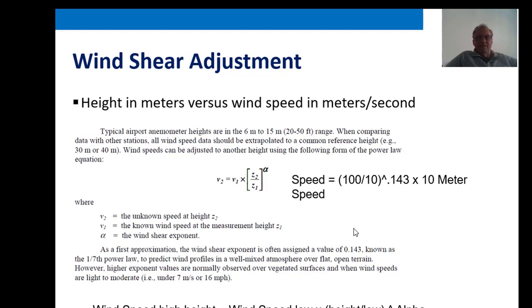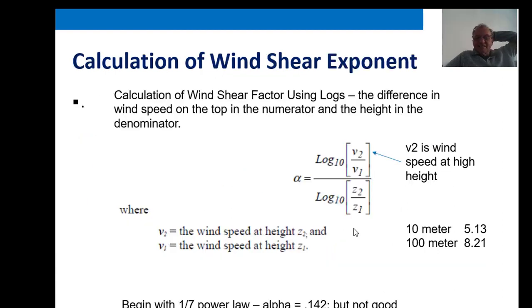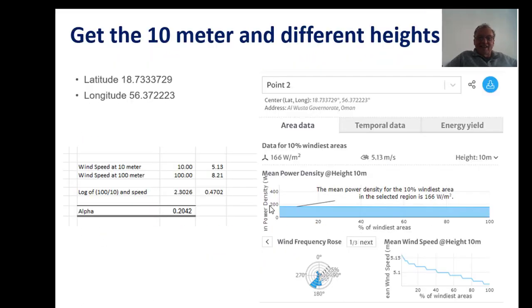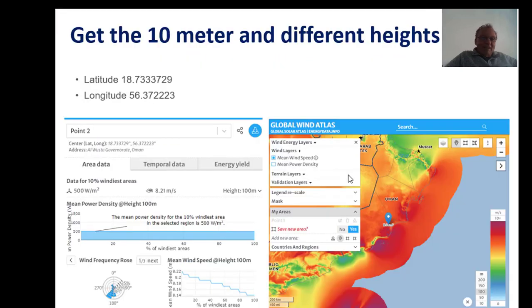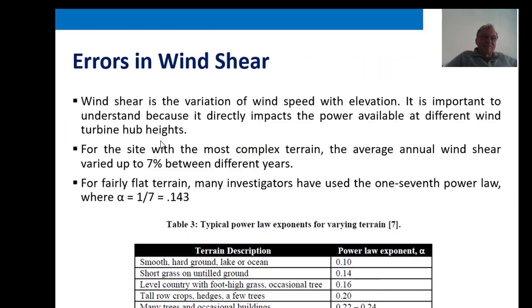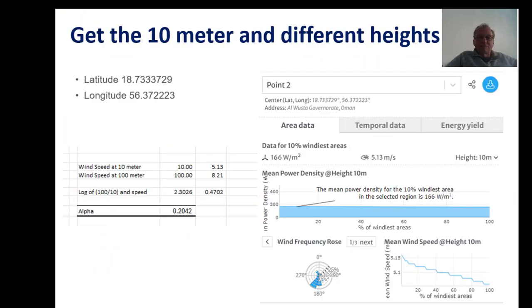But you can back into this alpha. What the Global Wind Atlas has is, at 10 meters, 5.13 meters per second, and at 100 meters, 8.21. And look at this, the latitude and the longitude better be the same for both of these places, I hope.